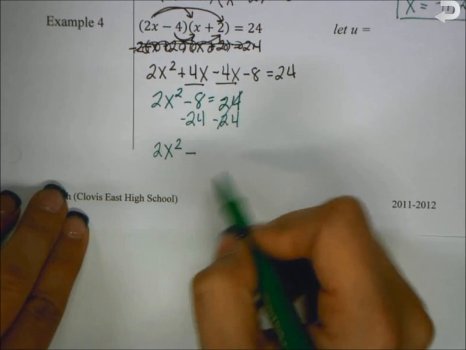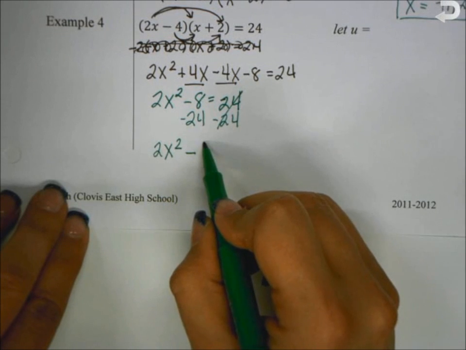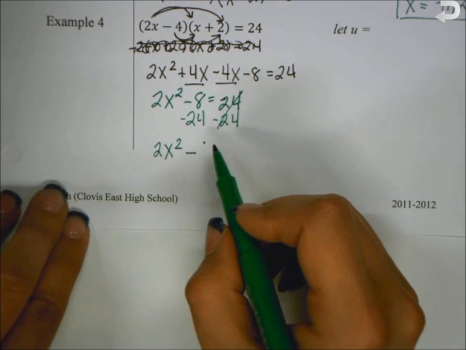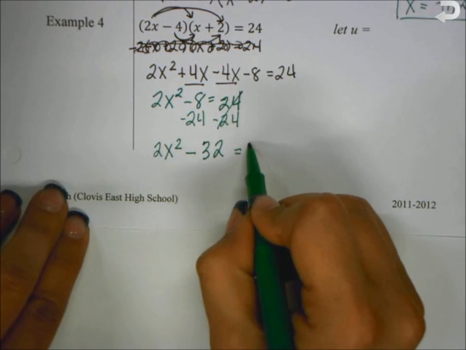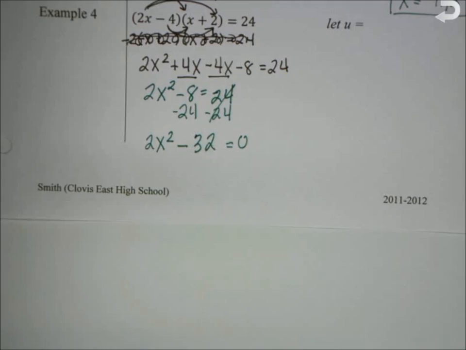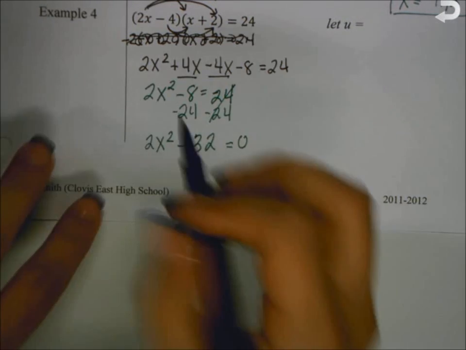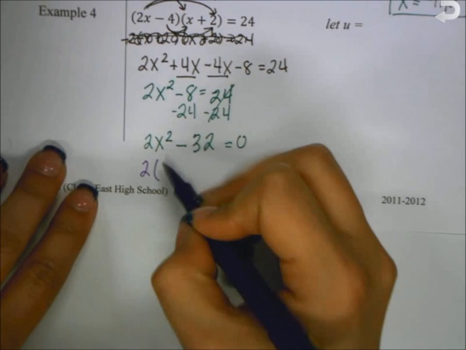We can take out a 2 from here. So let's factor out 2 as the GCF. x squared minus 16 equals 0. See, this is the part I just don't know. How are you going to take out the 2 and then turn 16? Because taking out a GCF is like dividing.